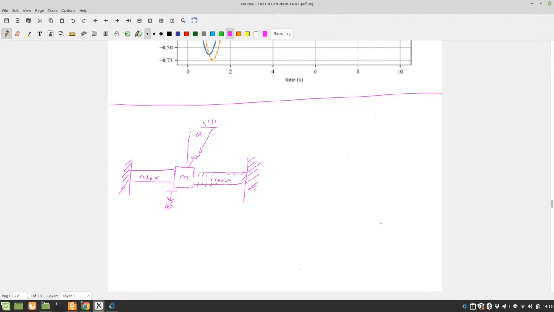So let's make the assumption that the spring is long enough that alpha is unchanged.